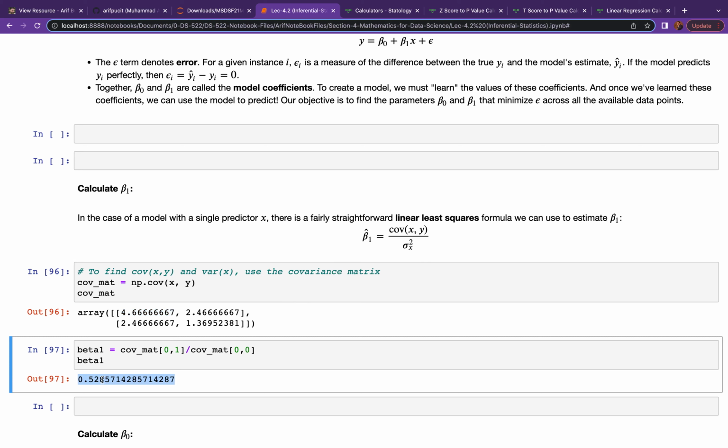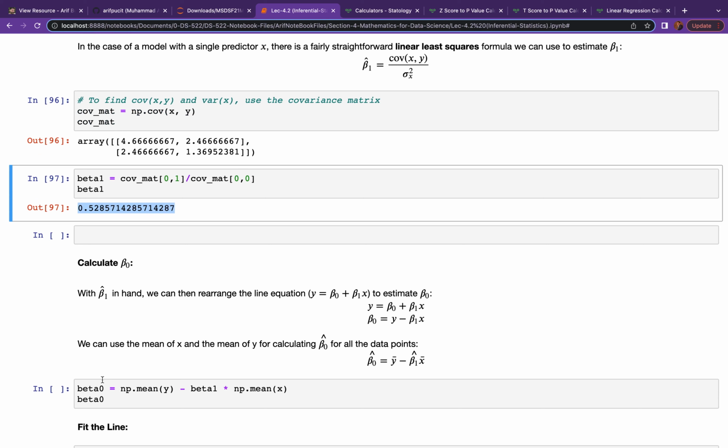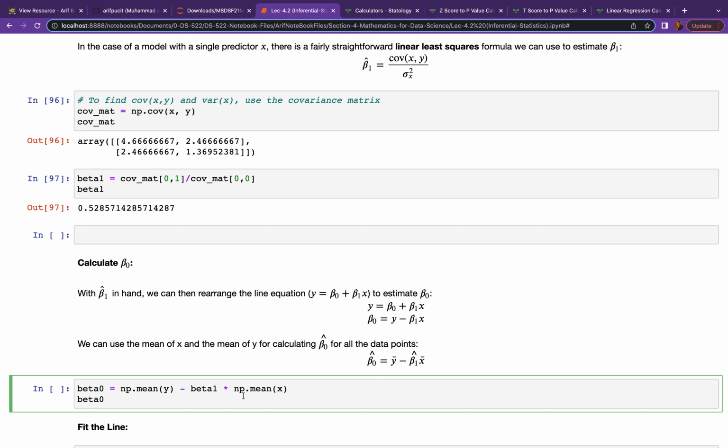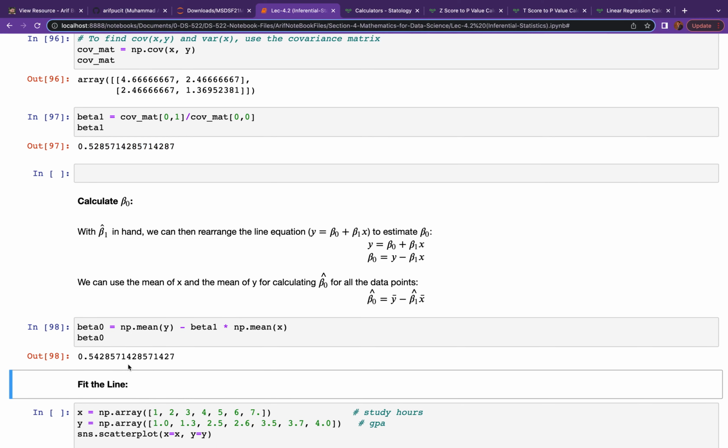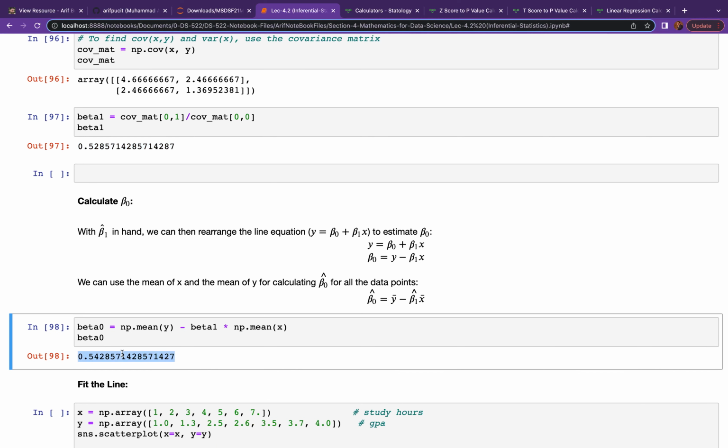Now since we have the value of beta 1, we can easily compute the value of beta naught as well by simply readjusting the regression equation a little bit and plugging in the values of beta 1, the mean of y and the mean of x, and this is what I have done over here in this cell. So this is the value of beta 0. Great.